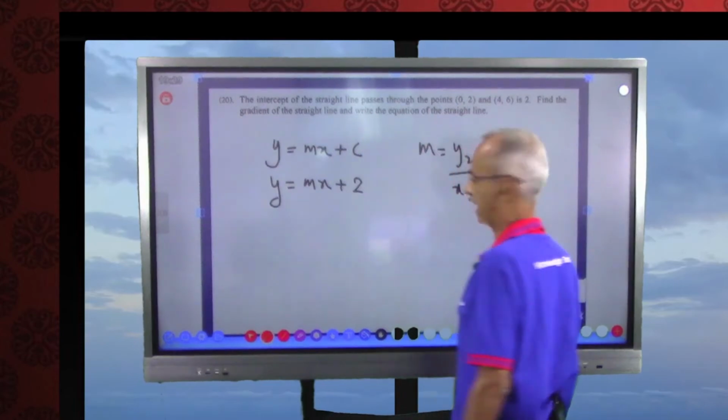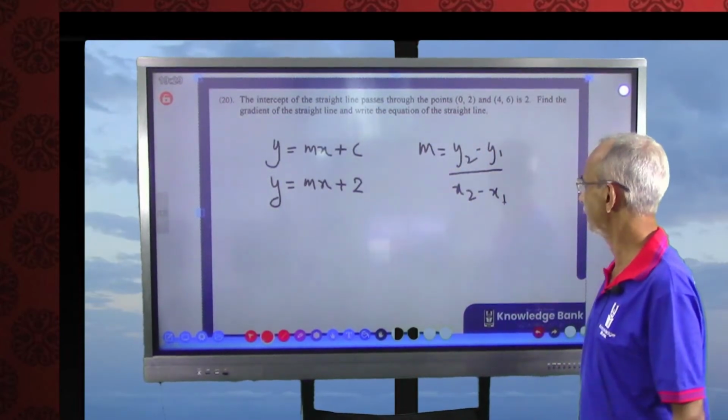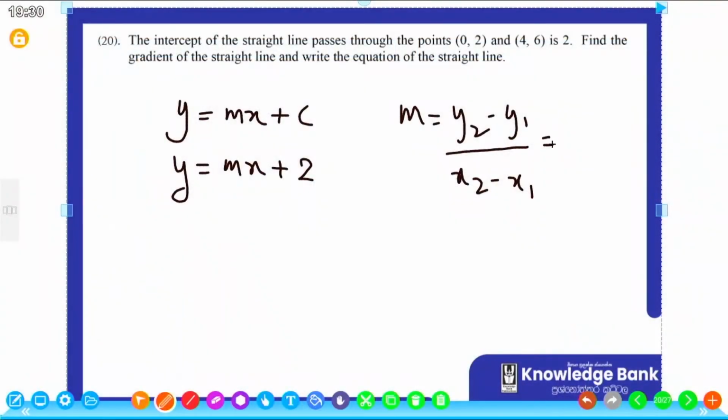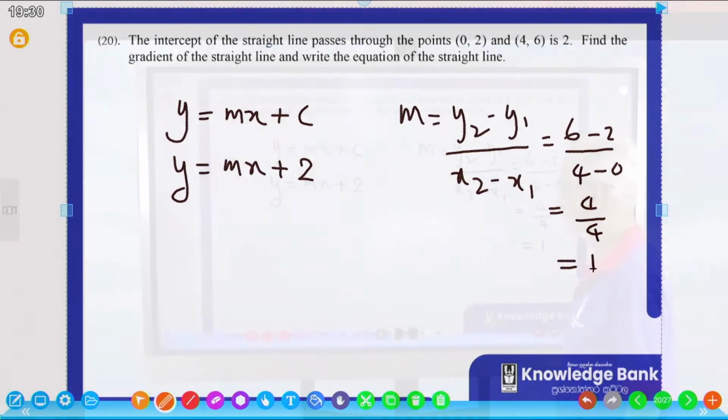Let's take y2 as 6, y1 as 2, x2 as 4, and x1 as 0. So 6 minus 2 is 4, over 4 minus 0. 4 divided by 4 is 1. The gradient is 1.